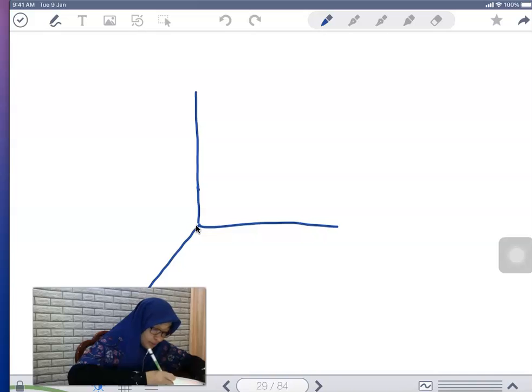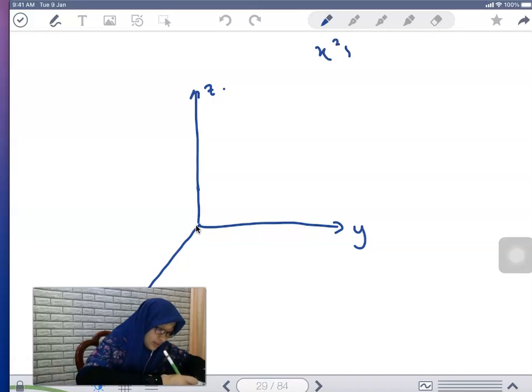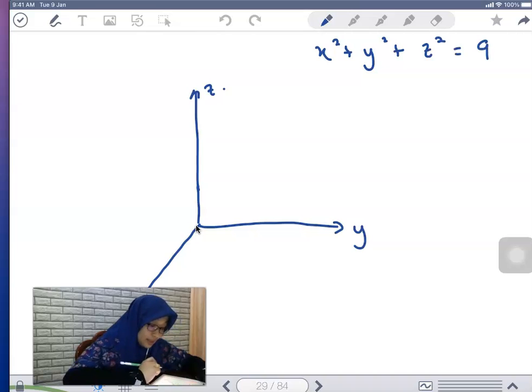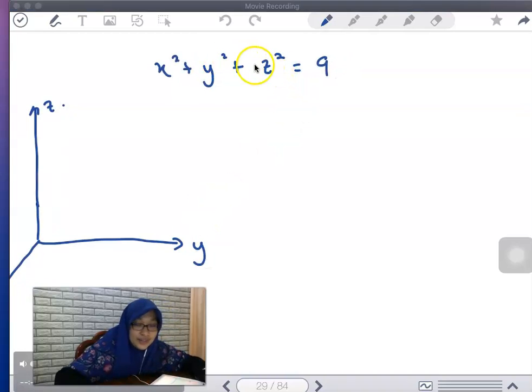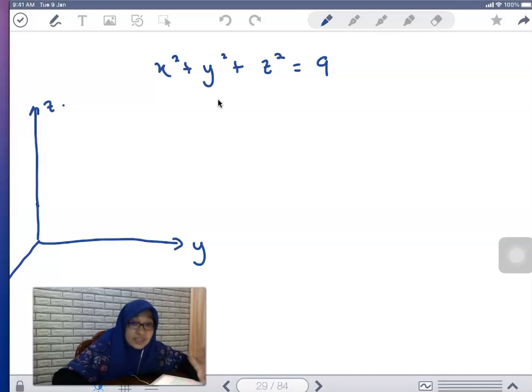Of course, you need to provide the traces x, y, z for x squared plus y squared plus z squared equal to 9. How many total variables do we have? We have 3, right? So how many traces do you have to provide? Also 3. It doesn't matter whether this is a linear or non-linear equation, the steps are the same.